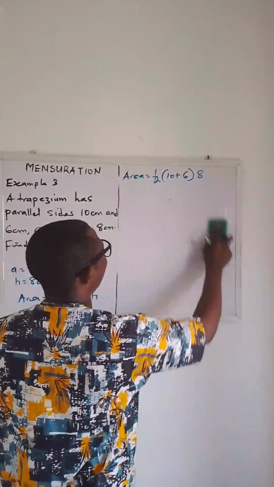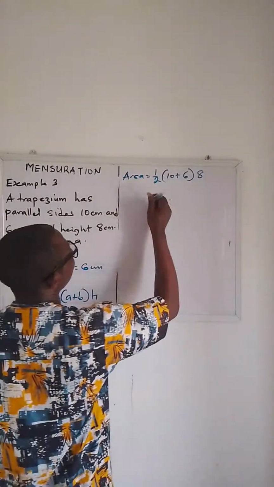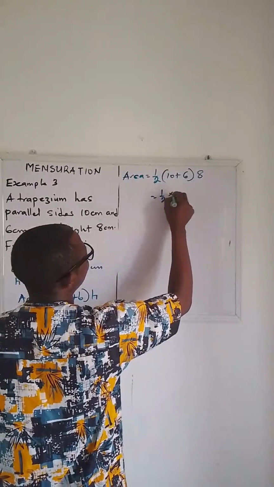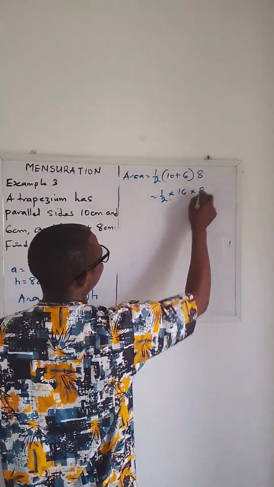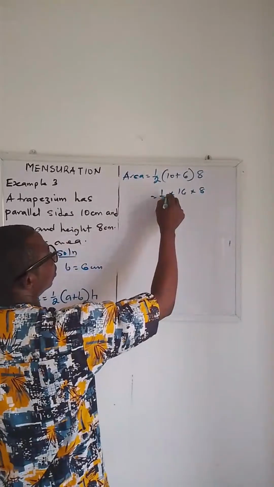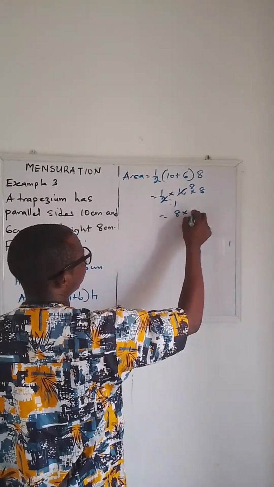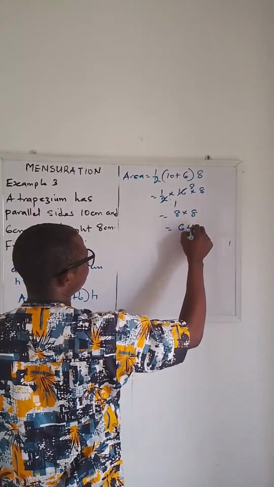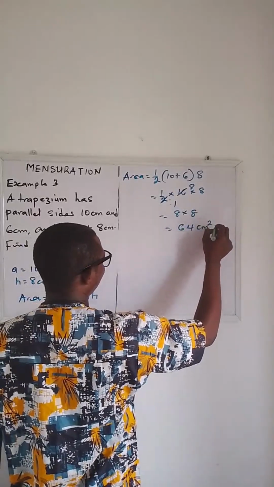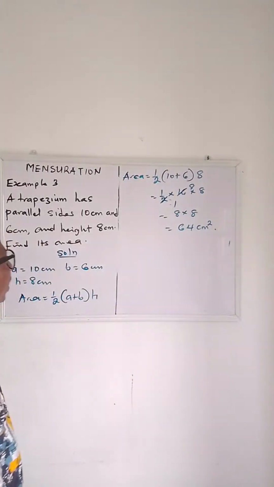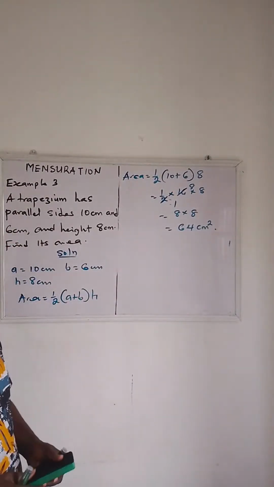When you add together, what do you have? You have 16. So that's 1 over 2 times 16 times 8. So 2 goes into 2 once, 2 goes into 16 eight times. So we have 8 times 8, and that's 64 centimeter square. So that is the area of the trapezium.